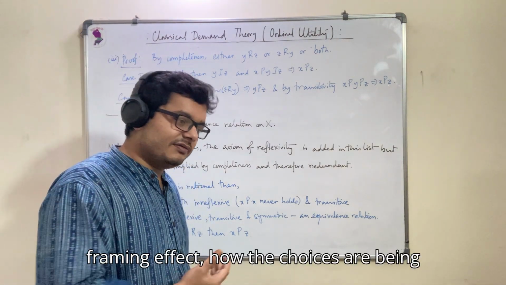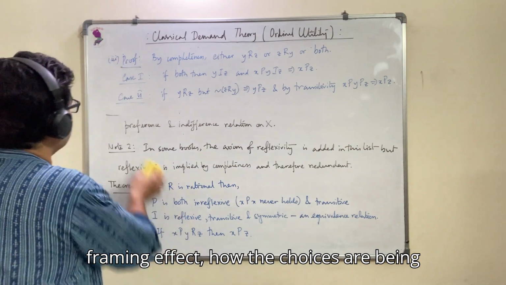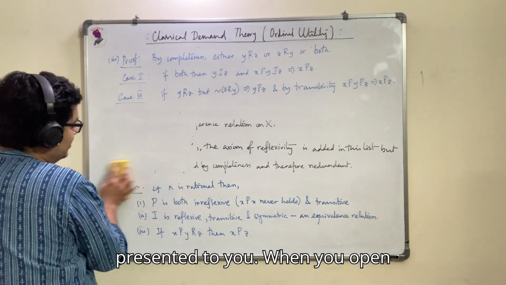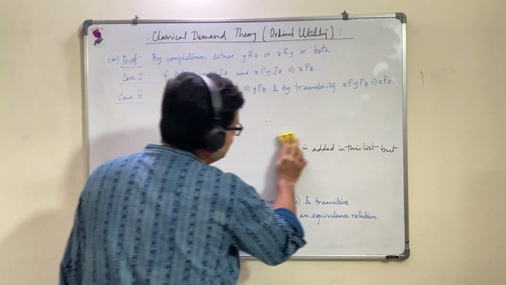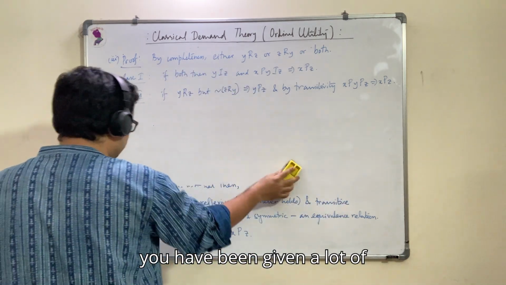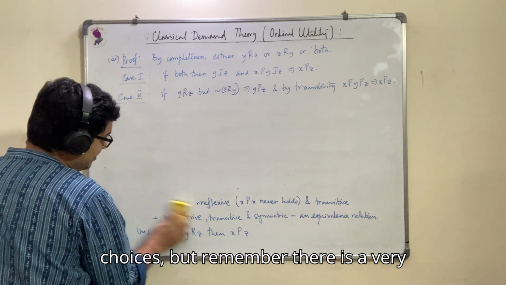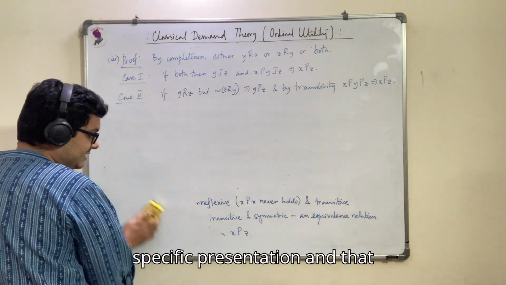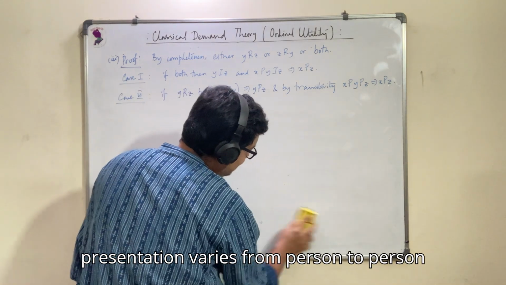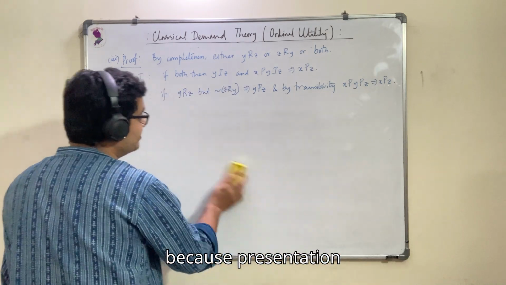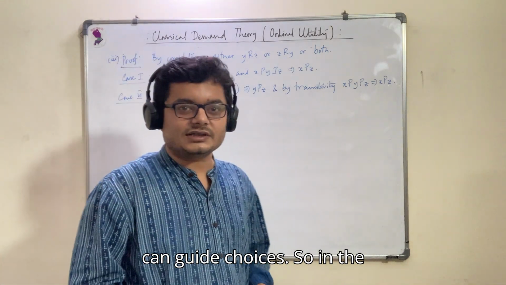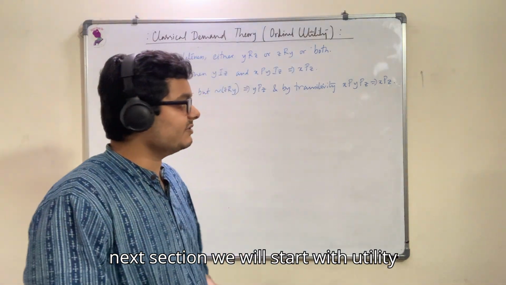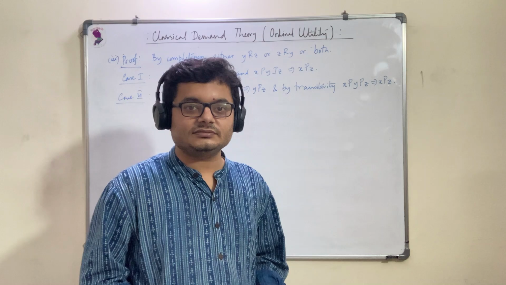That's called the framing effect. When you open OTTs like Netflix or Amazon Prime, you are given a lot of choices, but there is a very specific presentation, and that presentation varies from person to person, because presentation can guide choices. So in the next section we'll start with utility function.